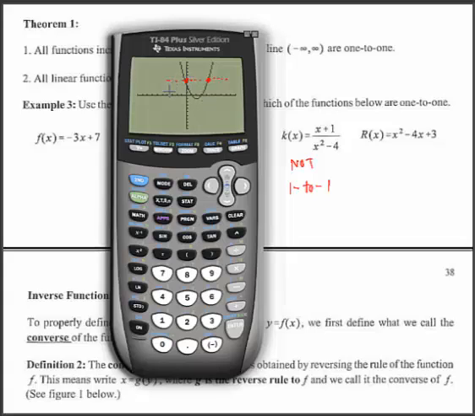Drawing a horizontal line anywhere above this x-axis results in 2 hits. That only has to happen in one place in order to fail the one-to-one test, and so r is not 1 to 1.